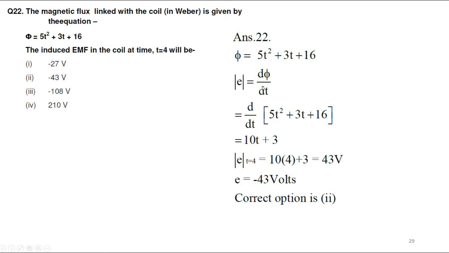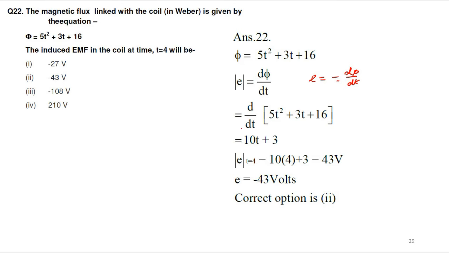Induced EMF V is equal to, of course first he has taken magnitude, then again he has introduced the negative symbol, right? So you need not take magnitude, straight away you can say E is minus d phi by dt. So this negative symbol is there all the time.